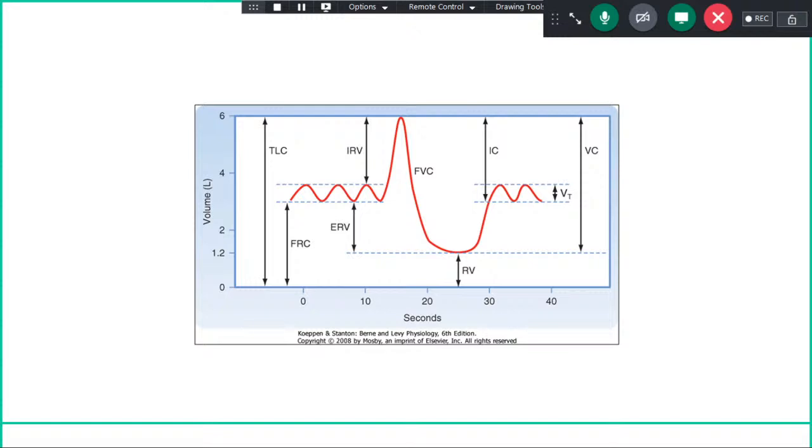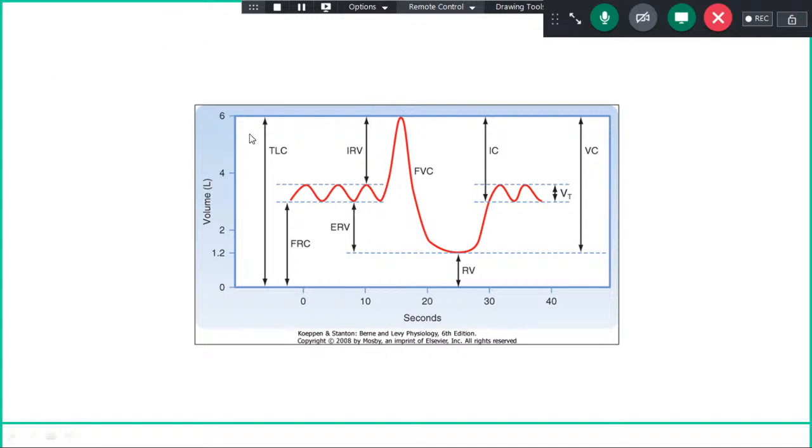But when you tell the person at the point of maximal inspiration, take a deep inspiration and then expire quickly, as fast as possible, as hard as possible, and as much as possible. So three instructions: as hard, as fast, as much as possible. So when you are putting in more effort, it is called forced vital capacity.